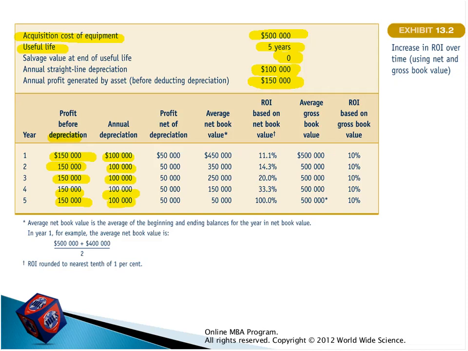If we consider our depreciation charges, the net profit from the equipment will be only 50,000 for each year, right? This is 150,000 profit minus your depreciation of 100,000. Then you will get 50,000 of net profit after depreciation.